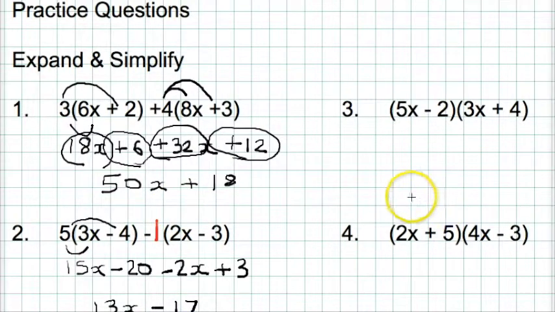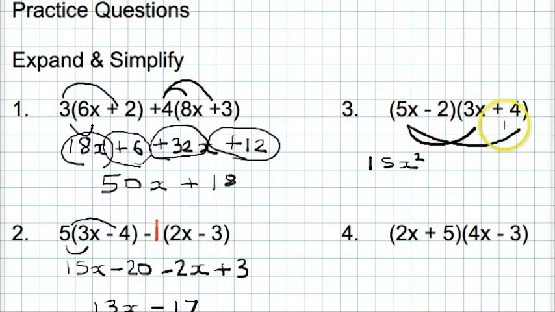Question 3. We've now got a set of double brackets, so we use the FOIL method. So FOIL method, remember, is front first, 5x times 3x, which is going to give us 15x squared. Then we do outer. 5x times 4 gives us 20x.